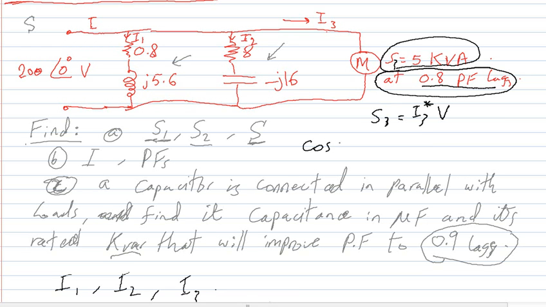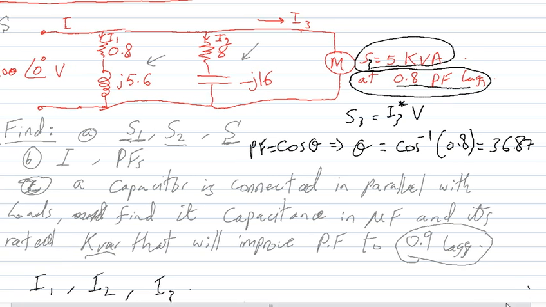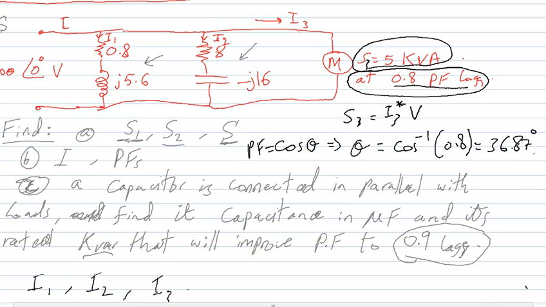So we know that the power factor is cosine theta. This leads to theta equal to cosine inverse 0.8, and this gives me 36.87 degree.